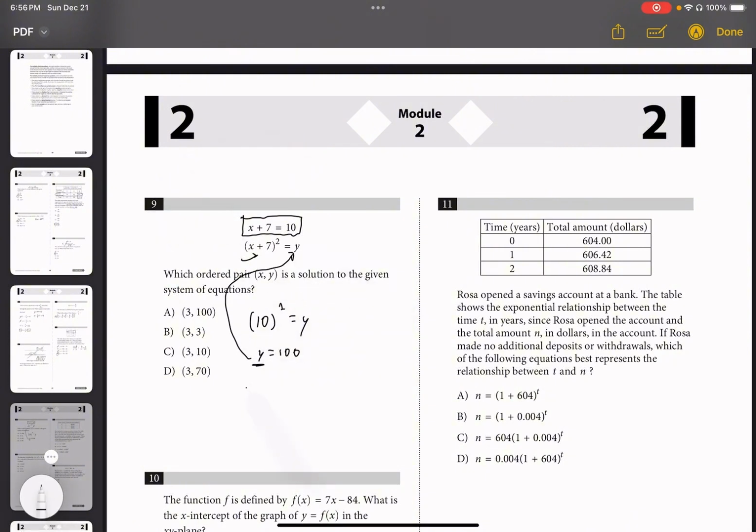And we get x plus 7 squared is equal to 100. And what we're going to do is take the square root of both sides, and we get 10 is equal to x plus 7, and x is equal to 3. So we have our point, 3 for the x and 100 for the y, and that gives us our answer, which matches with A.